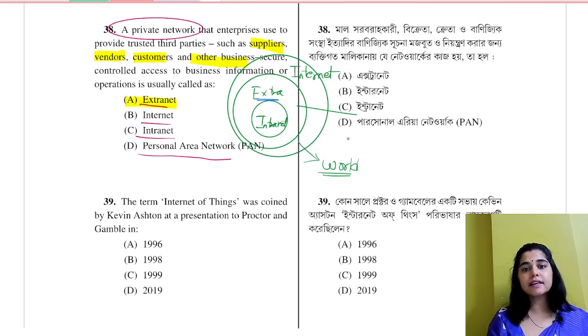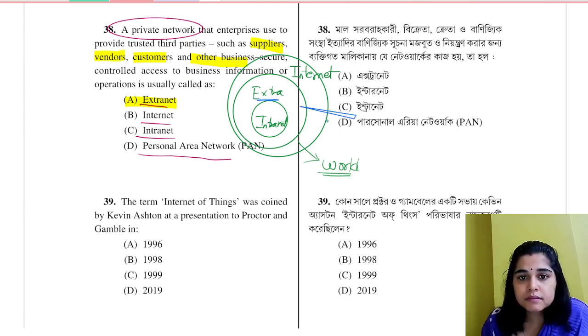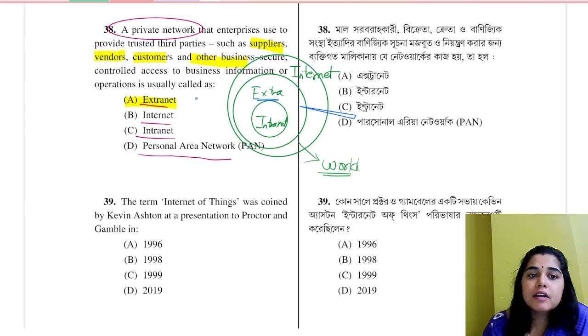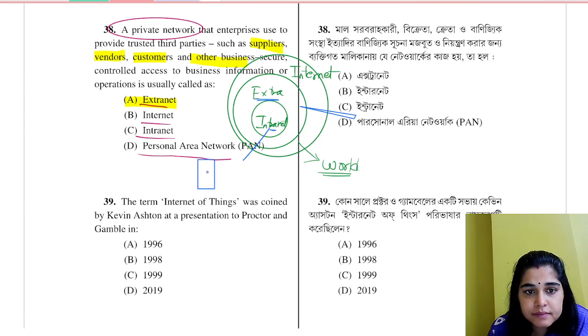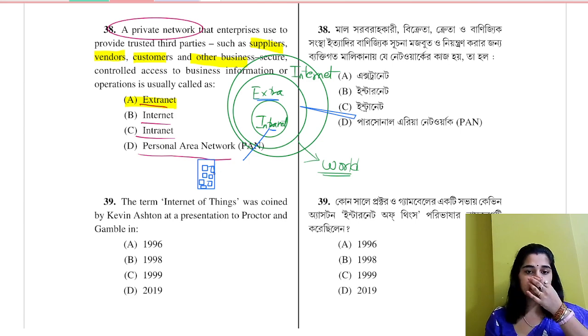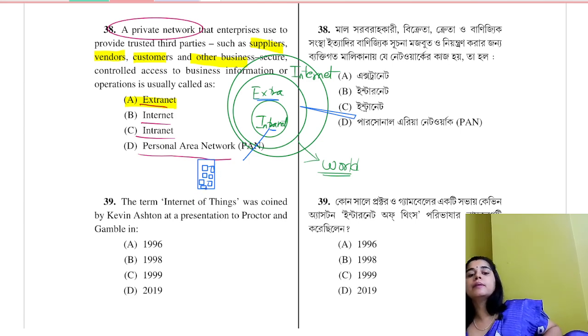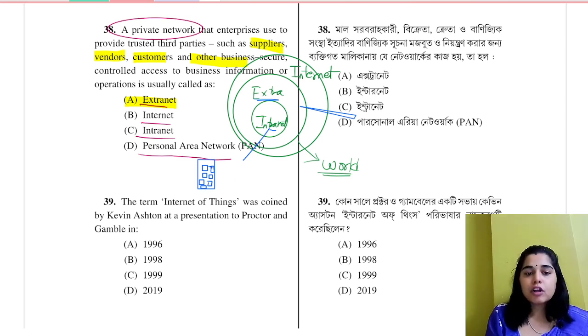Because in extranet, we are going to connect. First, understand the intranet. An intranet is within an organization. Suppose this is a company. In a company, lots of employees work, managers and their internal employees, and lots of things are happening.